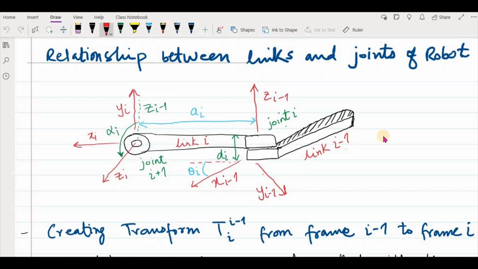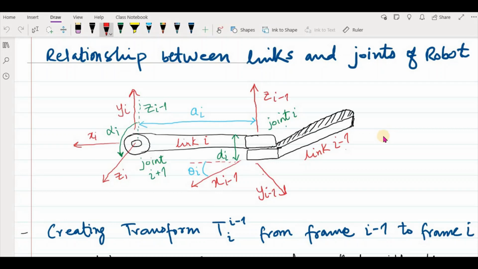You cannot change it. It was made by some manufacturer that fixed the twist, because this link is made of metal and it has a fixed shape. So this angle will always be fixed, permanent. So we have our third fixed parameter, which is alpha i.